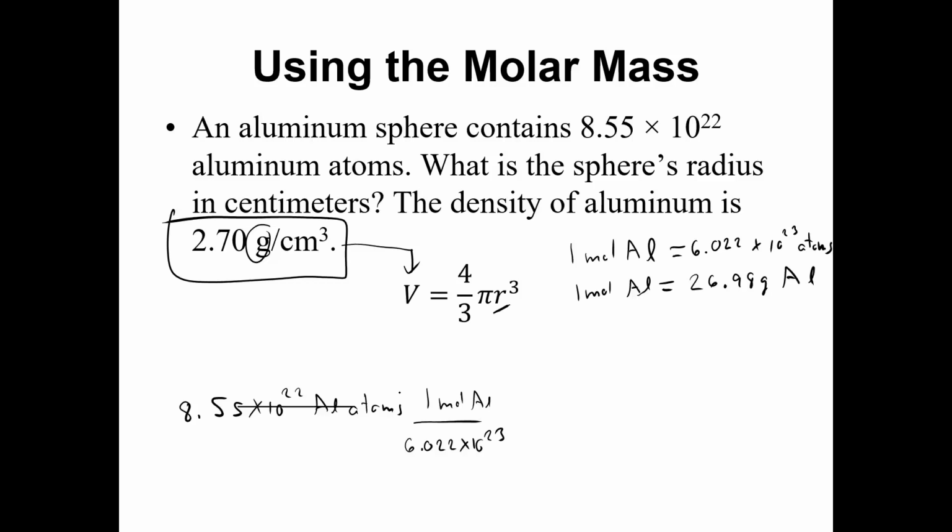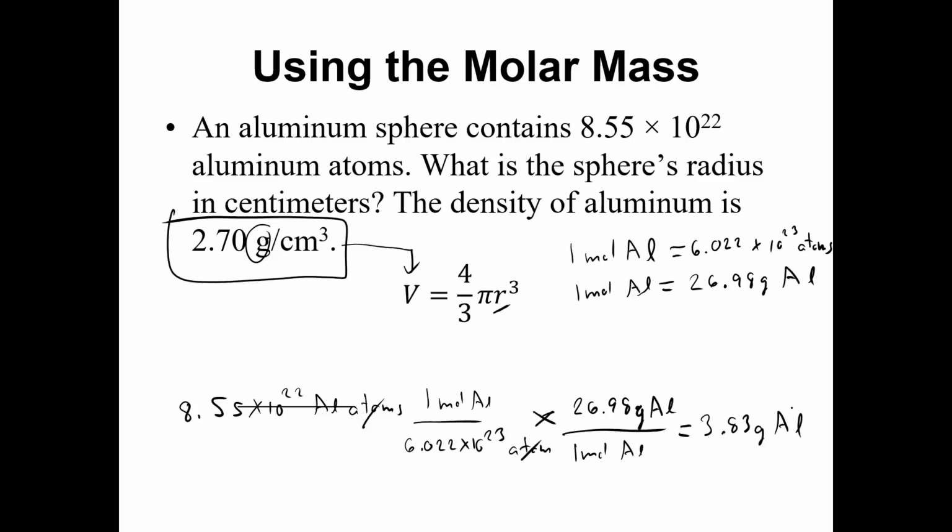So I'm converting atoms to moles, and now I convert moles to grams times 26.98 grams of aluminum divided by 1 mole of aluminum. I get 3.83 grams of aluminum. Okay, that's something.